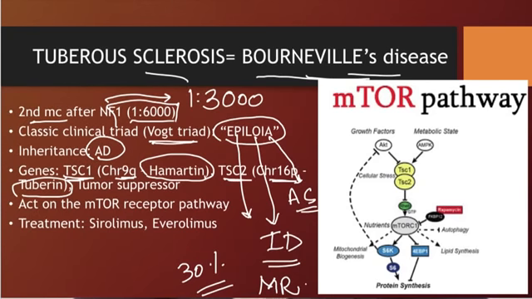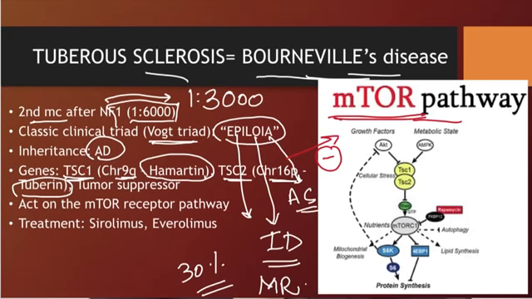Now hamartin and tuberin together form a dimer which will negatively inhibit a pathway called the mTOR pathway. The mTOR pathway is the one which upregulates protein synthesis, and TSC1 and 2 are tumor suppressor genes which negatively influence the mTOR pathway.